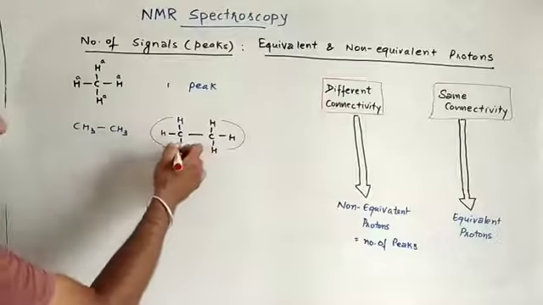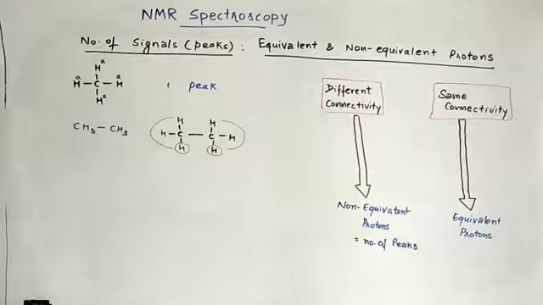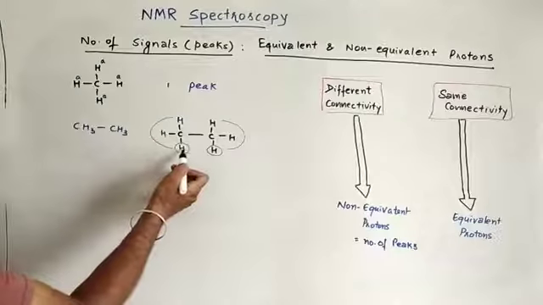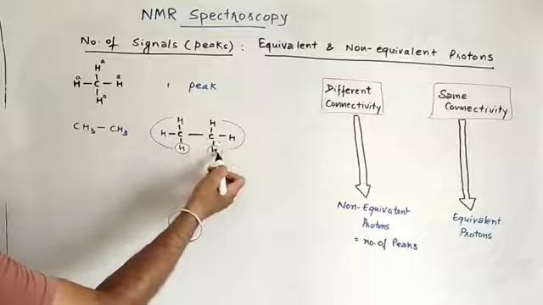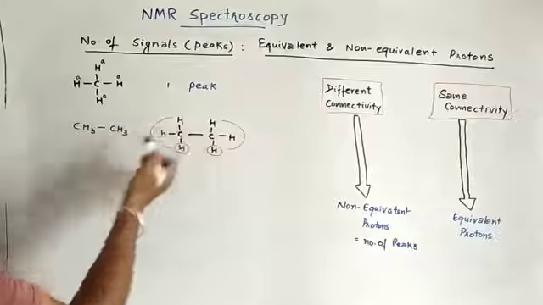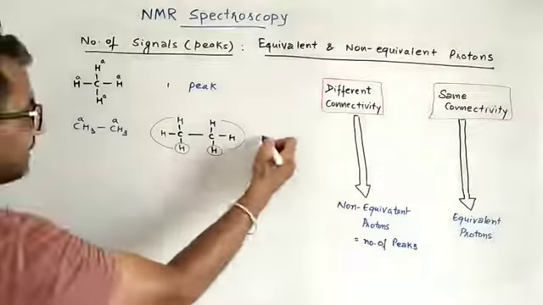Now if we compare two protons on adjacent carbons, whether they have the same or different connectivity, they have the same connectivity, because this proton is connected to this CH2 group and CH3 group, and this proton is connected to CH2 and this CH3 group. It means all these 6 protons are equivalent.